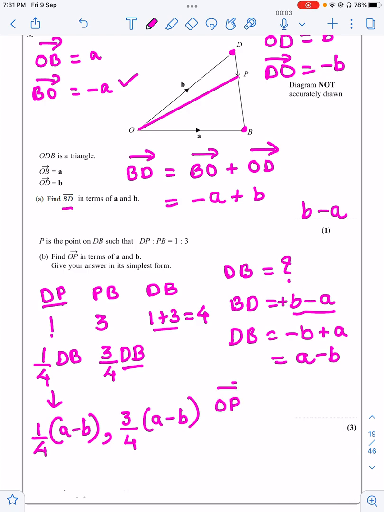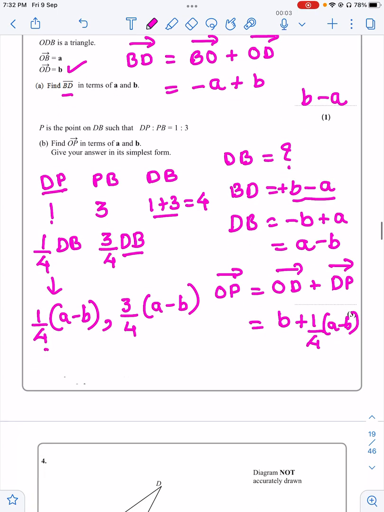OP is equal to OD plus DP. Let me check. Do I have OD? Yes. I have got OD as B. Do I have DP? Yes. I have got DP as 1 upon 4 (A minus B).